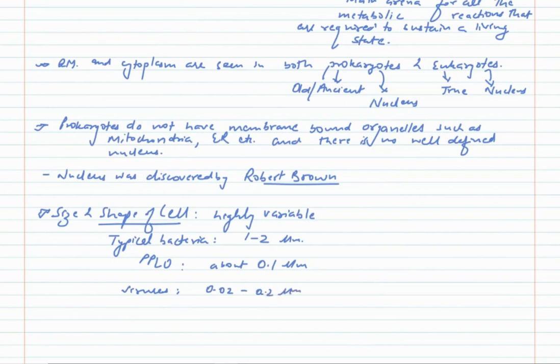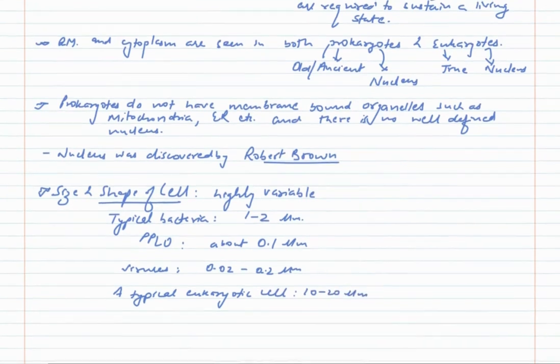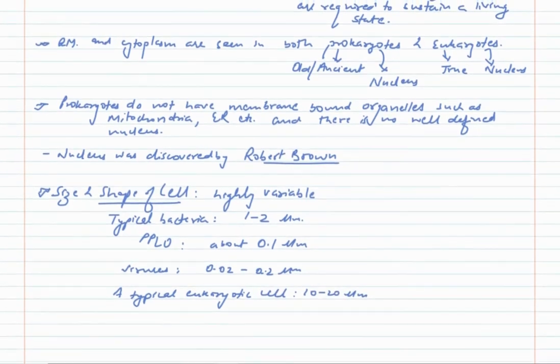And a typical eukaryotic cell is around 10 to 20 microns in size. Now the shape varies. For example, RBCs or red blood cells have a biconcave shape in human beings.